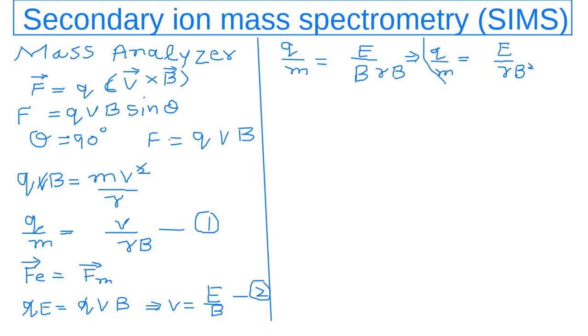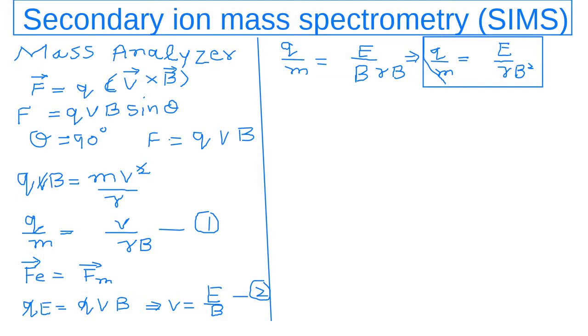Sorry, let's have limited features in the Blackboard. We have this Q by M, and now what are the different terms? What is R? R is the trajectory when your charged particle is placed in the electromagnetic field. Let's do that in a simple way.